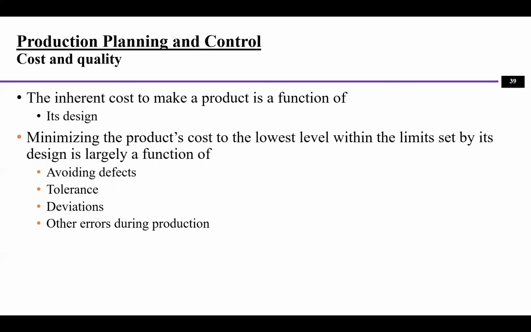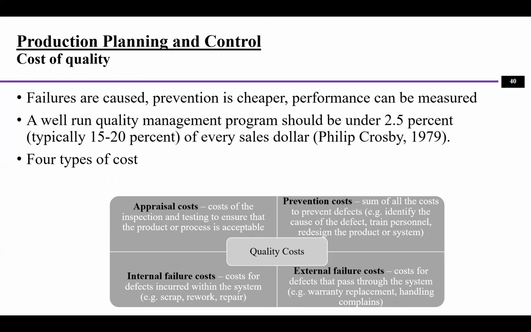And there will be cost related to quality, of course. You can imagine that if some product has a problem, then you have to spend money to deal with it, right? But actually, the cost of quality comes from different types of costs. We can use this chart to describe that.